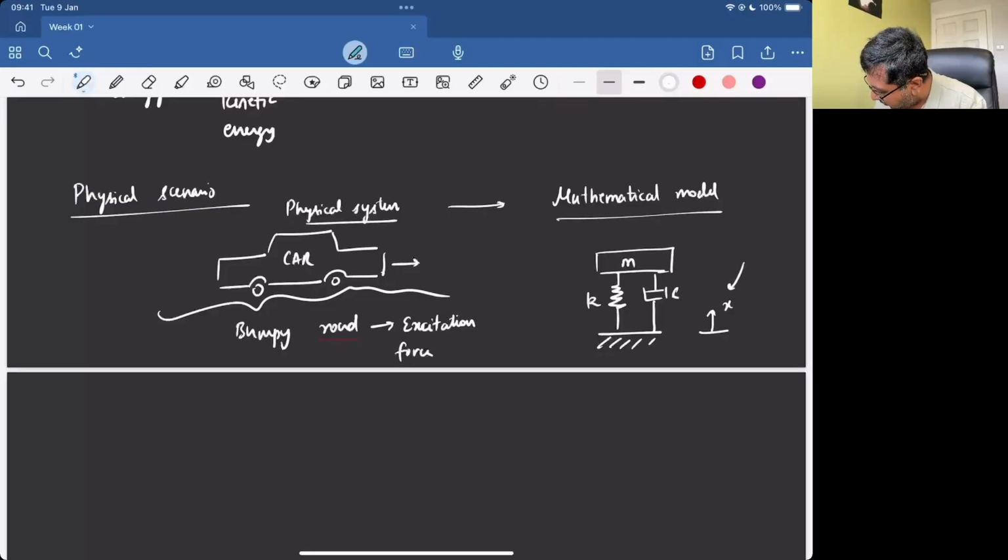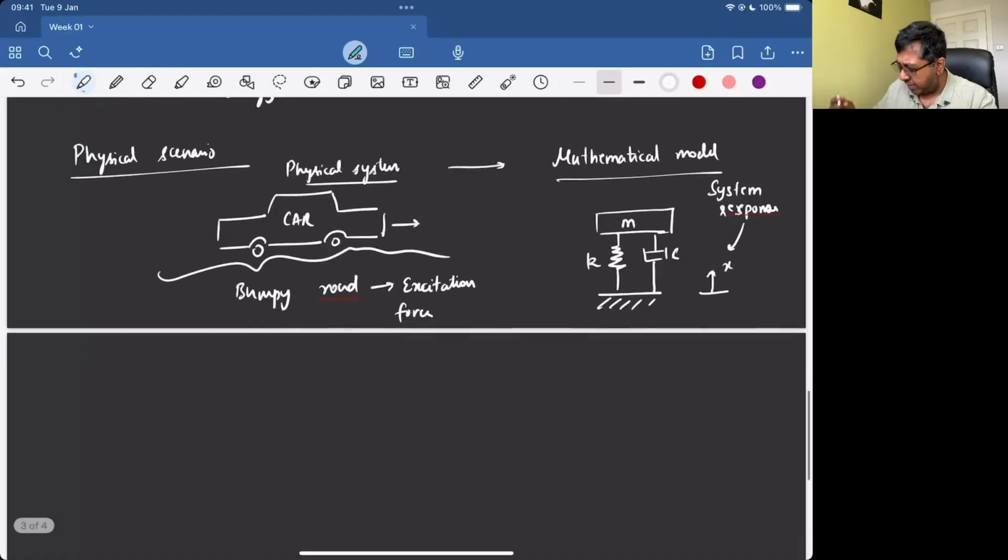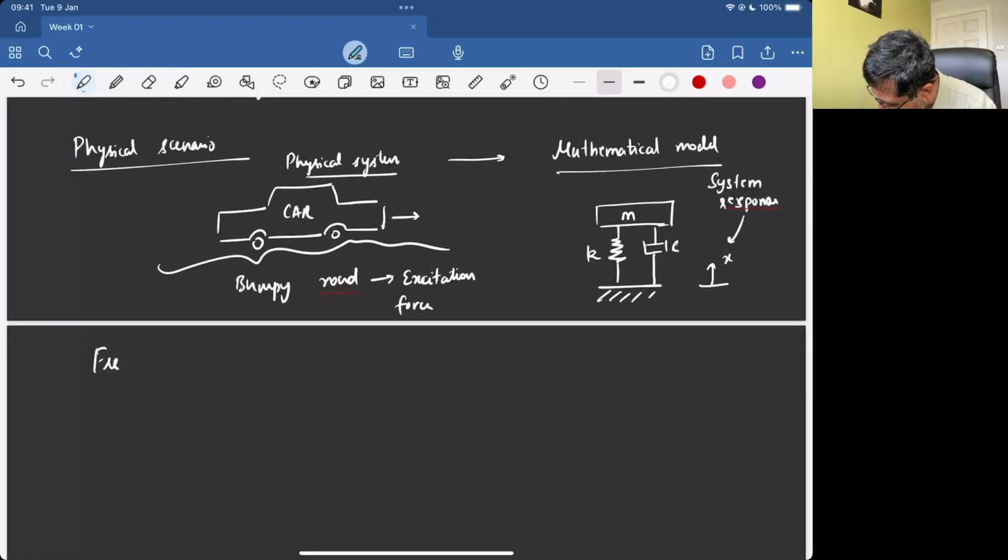And whatever x is, is nothing but our system response. So one thing that we want to first think of is, what if the car just hits a bumpy road and leaves it, how will the car continue to move up and down? Nothing but our free vibration scenario.